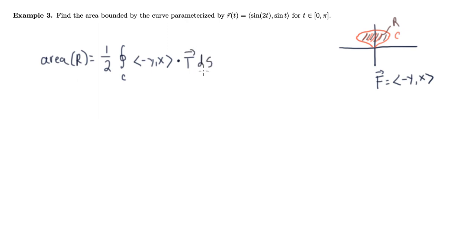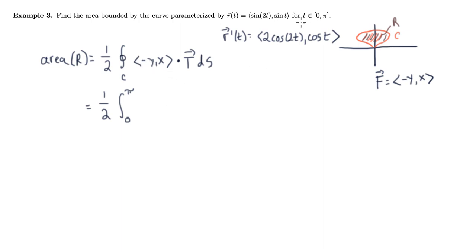Okay, so let's see what happens when we plug all that in. Remember that we're going to do a line integral, so we need the parameterization, and we need to take the derivative. The derivative is 2 cosine 2t, cosine t. So this is going to be 1/2 the integral from 0 to pi. We already have the parameterization of the curve, which is great.